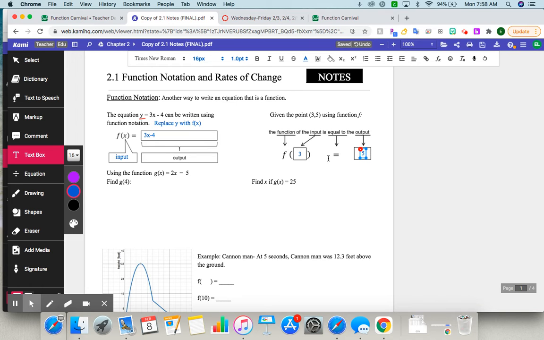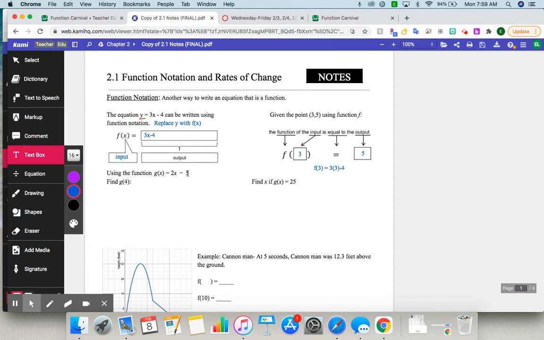And we can double check that because f of 3 should equal 3 times 3 minus 4. Again, I'm using the rule, the expression, to help me determine my output. And 3 times 3 minus 4 does simplify to an output of 5.